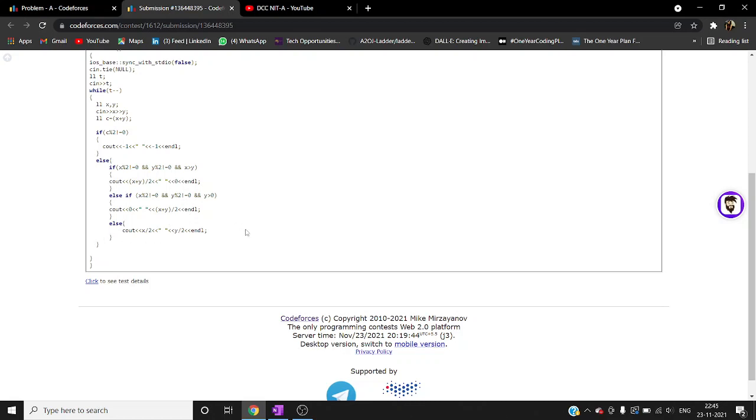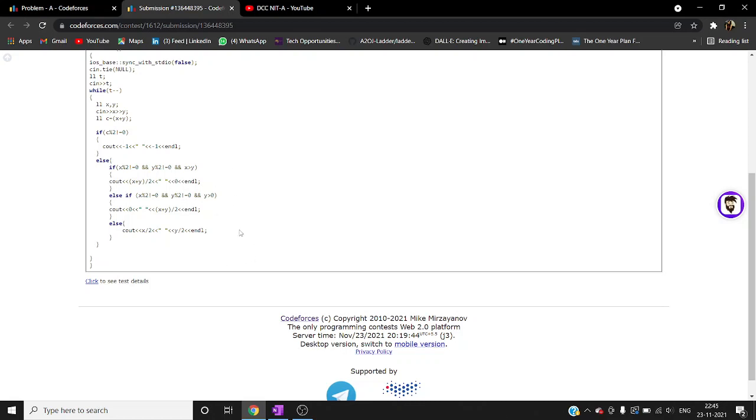Else if both are even, then the x coordinate of C is going to be the x coordinate of B divided by 2, and the y coordinate of B divided by 2 is going to be the y coordinate of C.